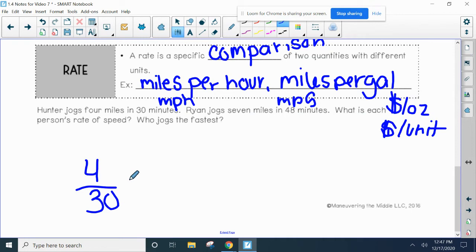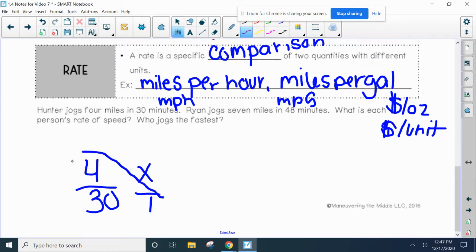So miles per minute. In order to get our unit rate, we have miles per 30 minutes, but I want miles per 1 minute. So I'm going to say 4 over 30, but I want to know how many miles in 1 minute. So I'm going to use something called the butterfly method.